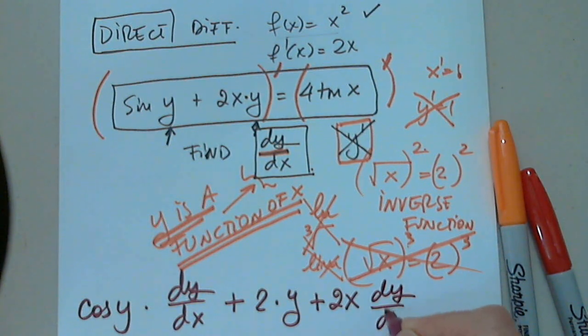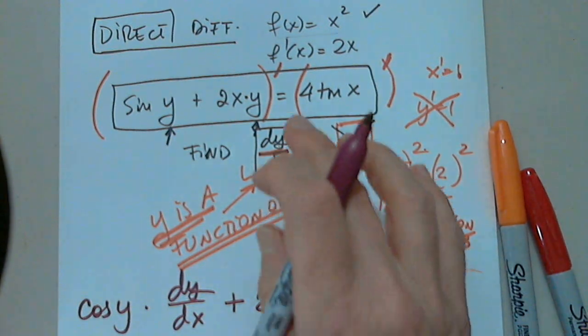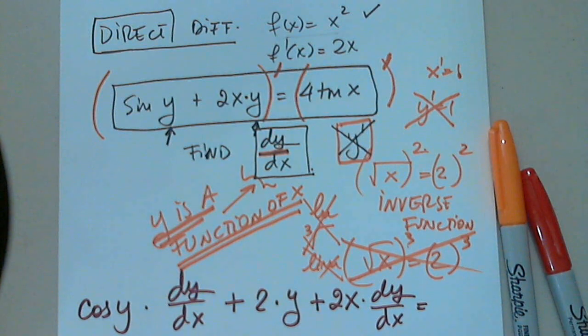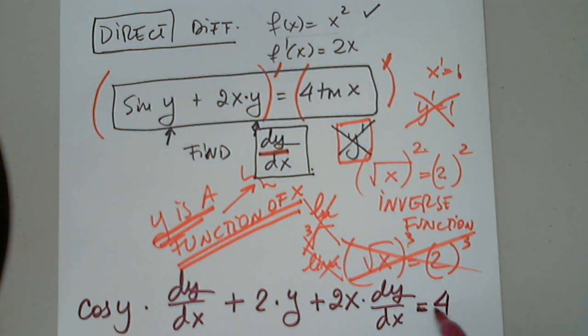Awesome. Times dy over dx equals, the right hand side is nice and easy. What do I write on the right hand side? Secant squared x? Yes. Excellent.